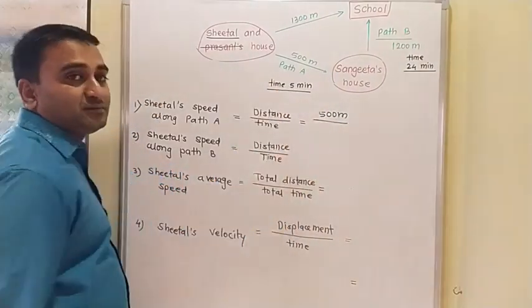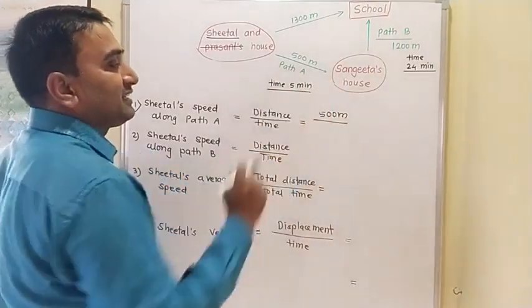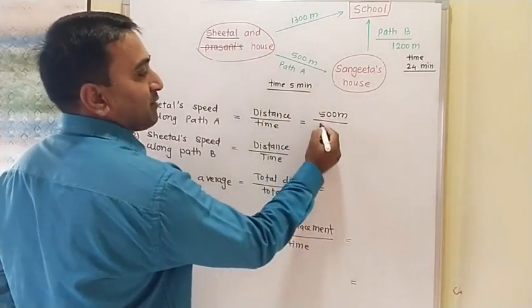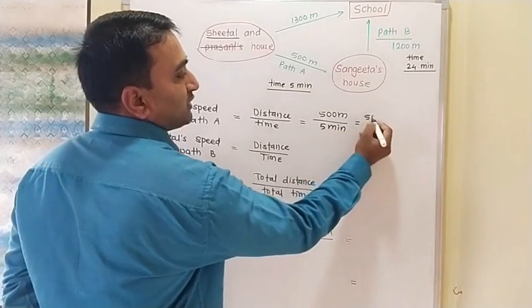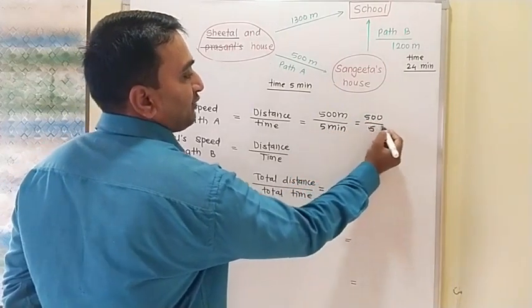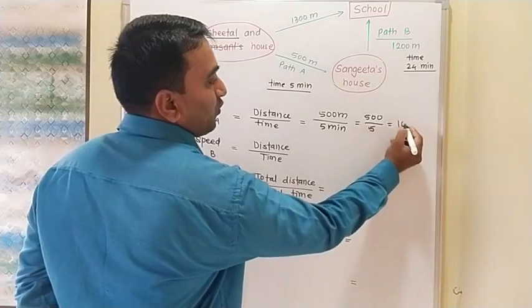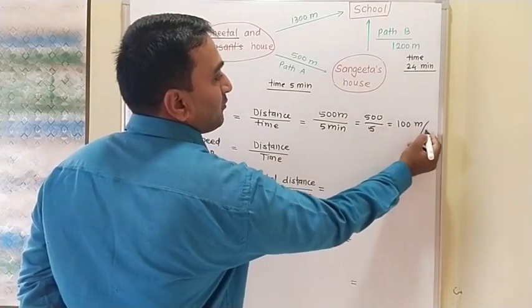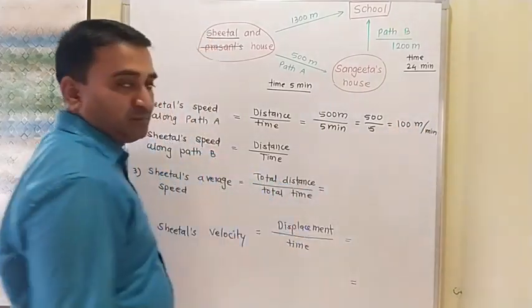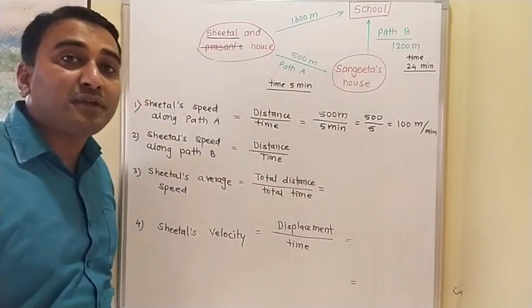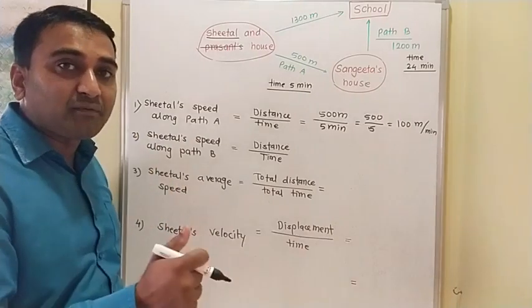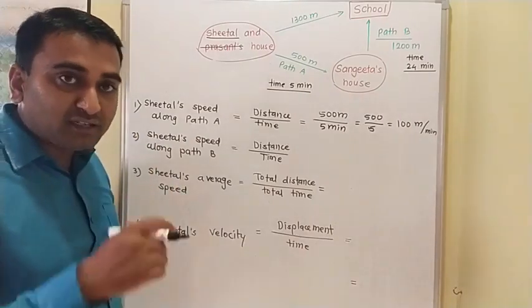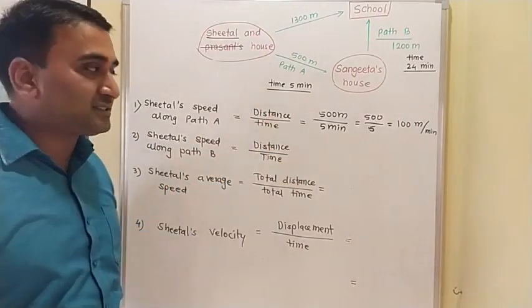What is the time taken by Sheetal to cover her journey? That is 5 minutes. Is it clear? So totally 500 divided by 5, and it is 100 meters per minute. That means the speed of Sheetal is 100 meters per minute. In 1 minute she will cover 100 meters distance.